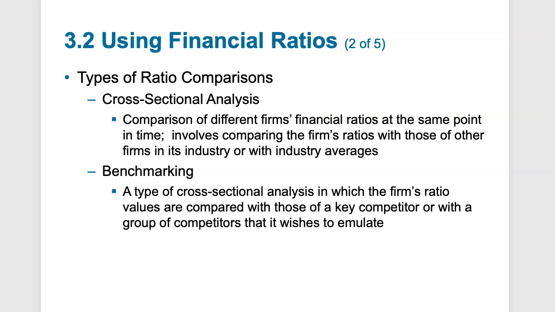Are we doing better or worse than the industry average? Or we could take a key competitor. So maybe if you're Burger King, you're going to look at McDonald's as a benchmark to do a ratio analysis to compare how you measure up to a key competitor. A lot of times you'll use the average to get an idea of how you compare to the average of the industry, or you'll find one specific key competitor to do a benchmark against.